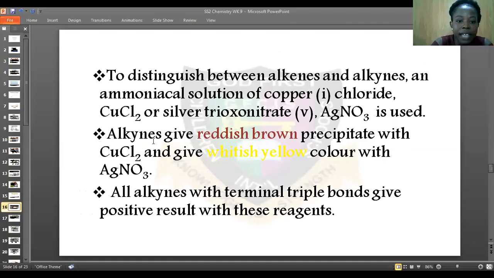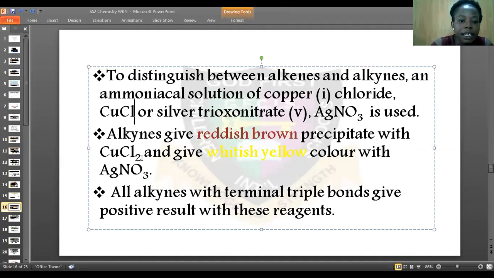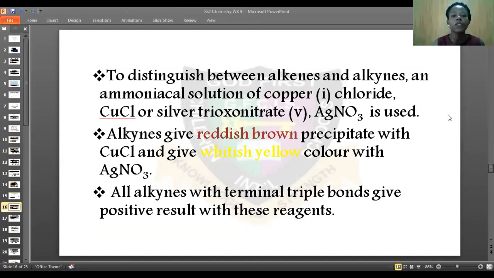Copper 1 chloride is CuCl, and so I've corrected that. With silver trioxonitrate 5 it will give a whitish yellow color. So alkynes give reddish brown color with copper 1 chloride, and give whitish yellow color with silver trioxonitrate 5.